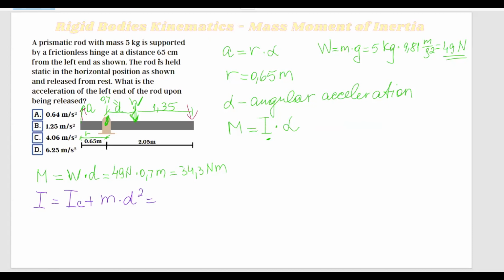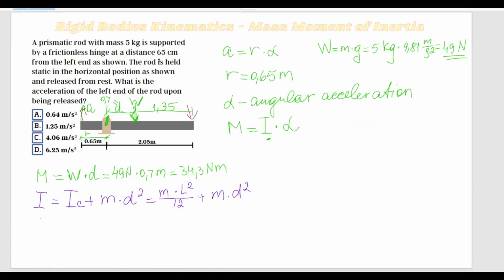So this is going to be equal to mass multiplied by L squared divided by 12 plus mass multiplied by d squared. Now let's substitute.